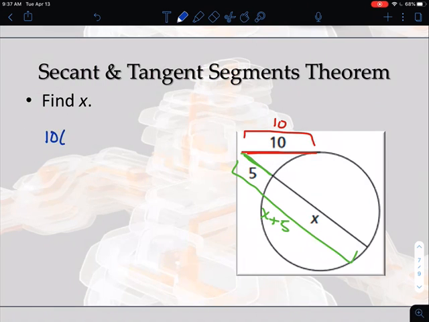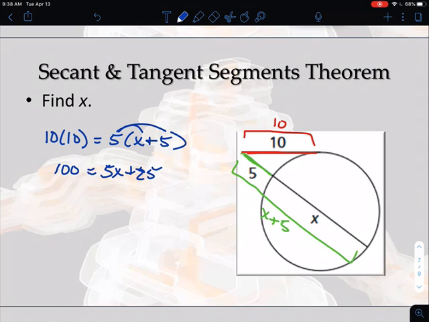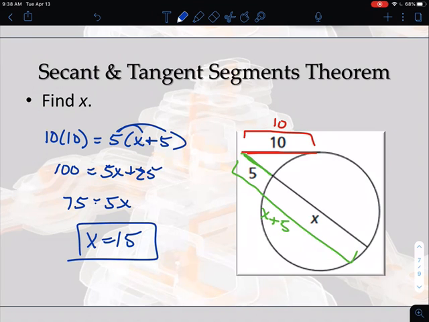And so for this example, I would take 10 times 10 is equal to 5 times x plus 5. Outside times the whole equals outside times the whole. And then I solve like normal. 100 is equal to, when I distribute, 5x plus 25. If I subtract 25 from both sides, we get 75 is equal to 5x. And if I take 75 divided by 5, x would equal 15.